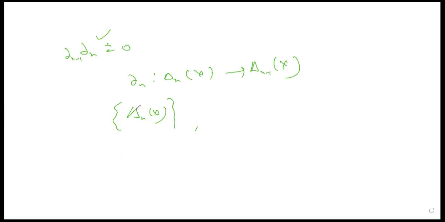The homology groups of this chain complex, which is H n X, will be defined as Z n Delta X quotiented by B n Delta X.